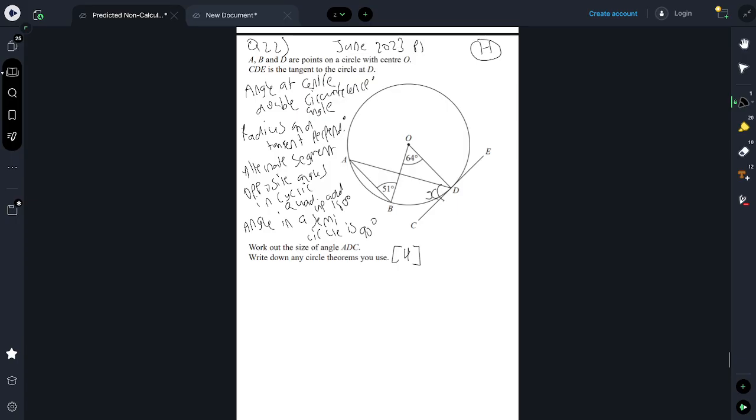So we're given an angle at the origin, and we also have an angle at the circumference.